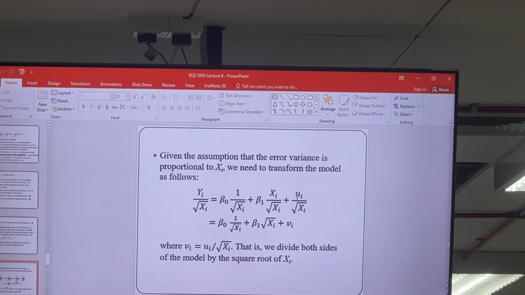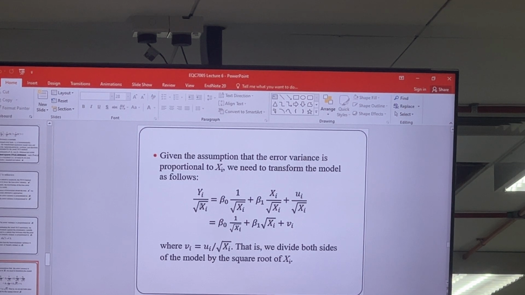So if we know that it is proportional to x, we have to divide the equation by the square root of x, the one that produces the problem. Again, if you have more than one x, you have to identify which x first. Let's say you have x1 and x2, and x1 is the problem, so you divide the whole equation by the square root of x1.